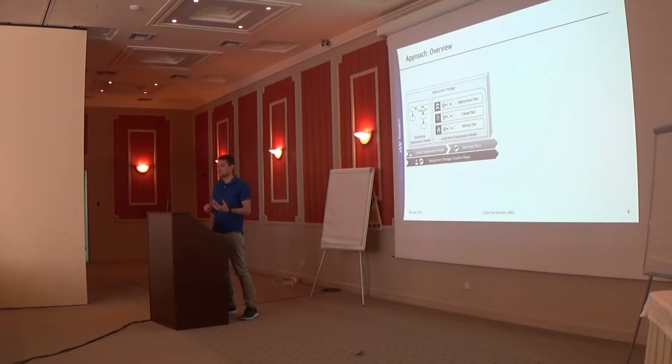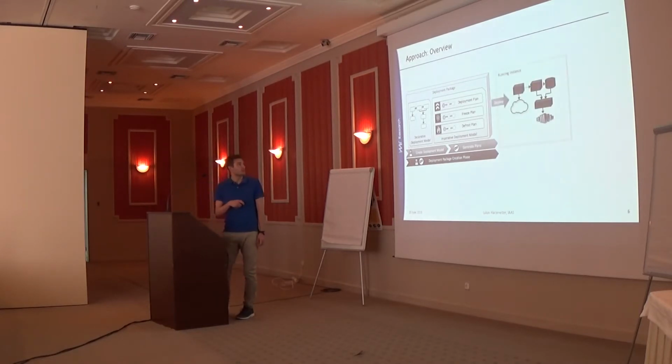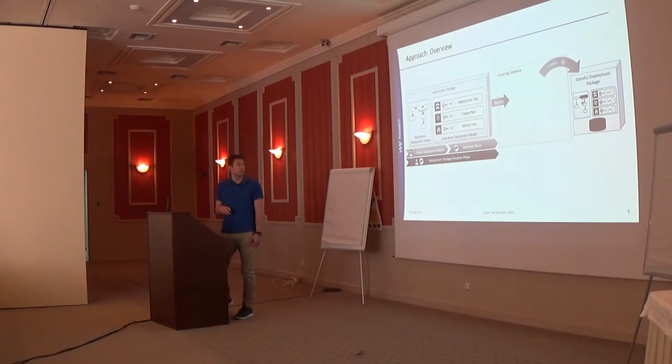Together this is a deployment package. This is then deployed by executing the deployment plan, and we get a running instance. Now, if we want to terminate the application, we execute a freeze plan and the running instance is removed, so we save the resources and the money.